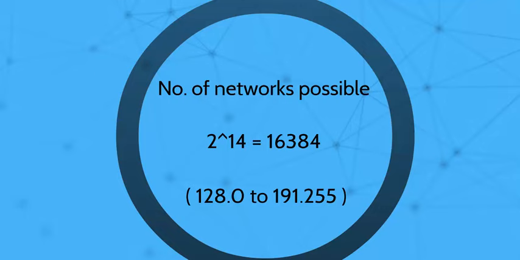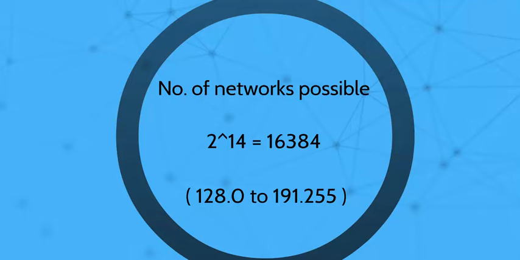Though there are 16 bits in the network portion, 2 bits are priority bits and the remaining 14 bits can be varied. So the total number of networks possible with Class B is 2 power 14, which is equivalent to 16,384, and the first 2 octets represent the network.